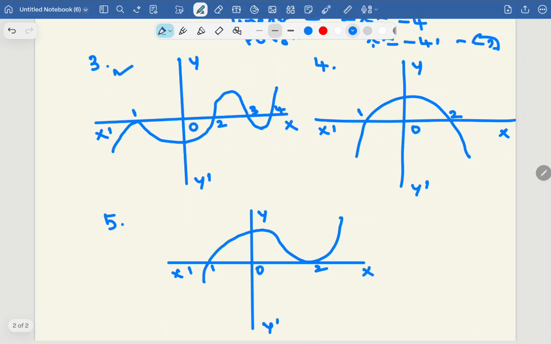See example 3, how to find the number of zeros. Here in the xy plane, 0, x, x dash, y, y dash. I am drawing one curve.